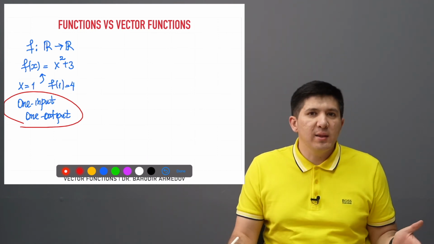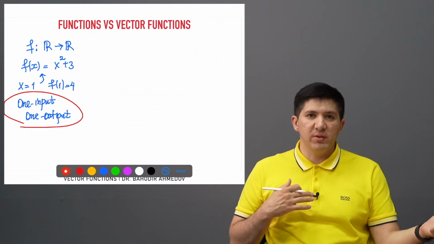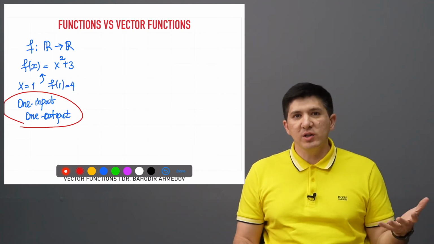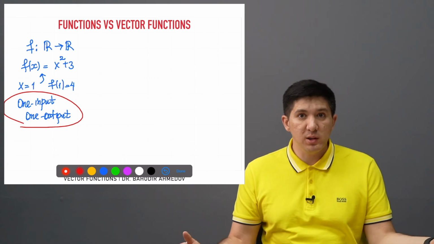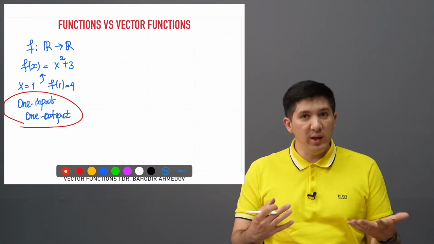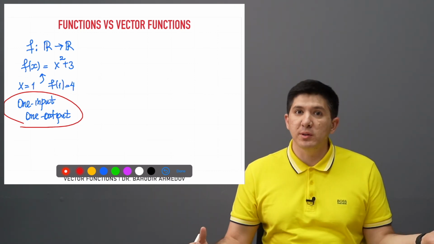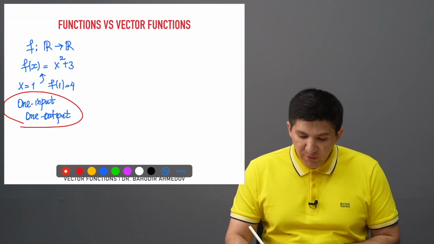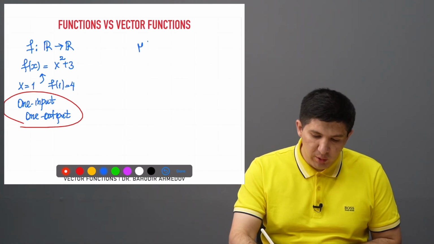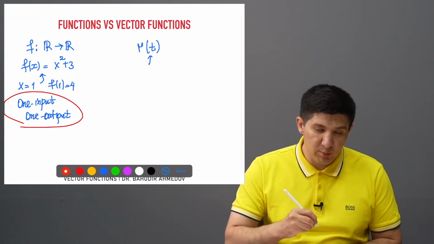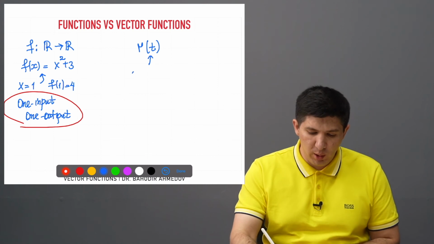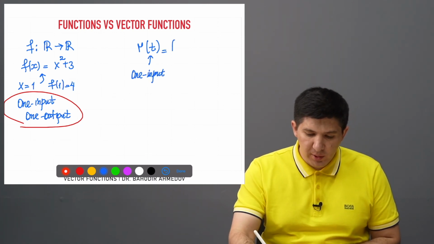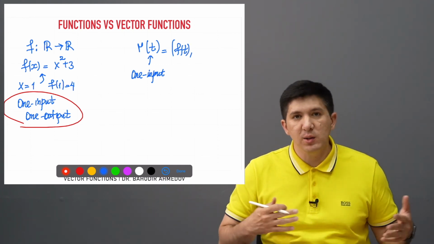Now you can guess that there are many different combinations of the number of inputs and outputs for functions. Your function may have multiple inputs and one output, or it may have one input and multiple outputs. That's exactly an example of a vector function. A vector function is where you give one input, which is the parameter t, and as an output, it gives you multiple outputs.